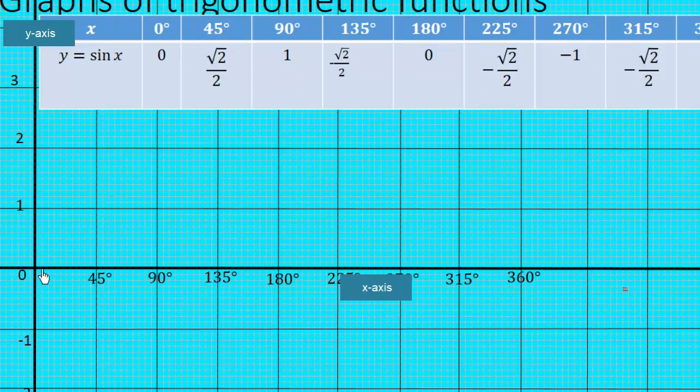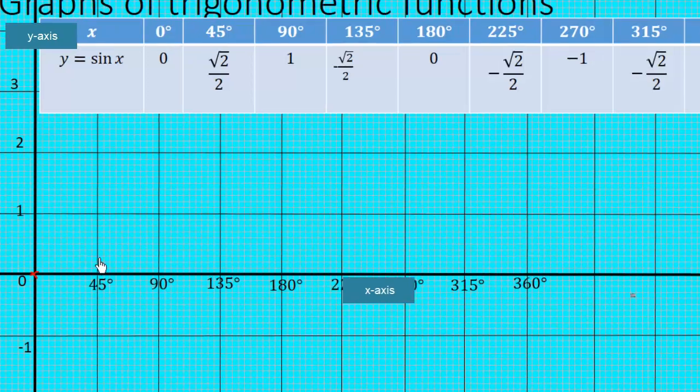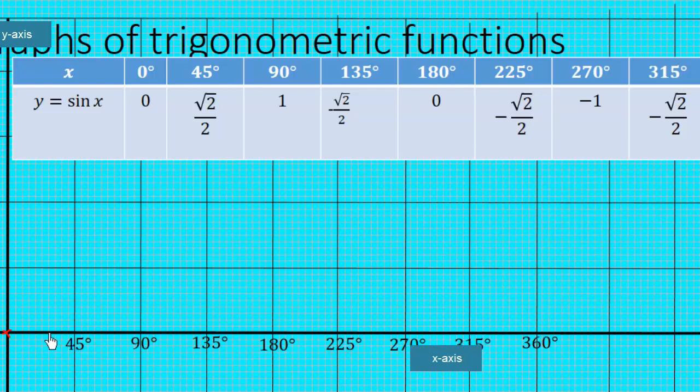So over here we plot 0 against 0 again. Then the next one is 45 against root 2 over 2. How do we determine root 2 over 2? Use a calculator. It gives 0.70, so that will be 0.7. Each box is 0.1, so 0.1, 0.2, 0.3, 0.4, 0.5, 0.6, 0.7.